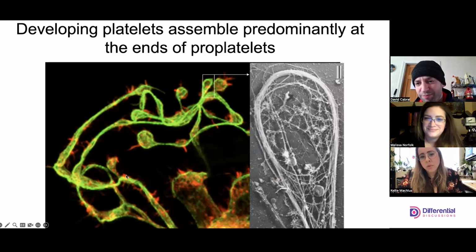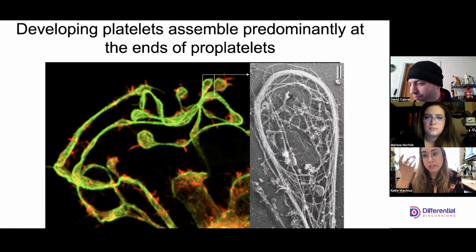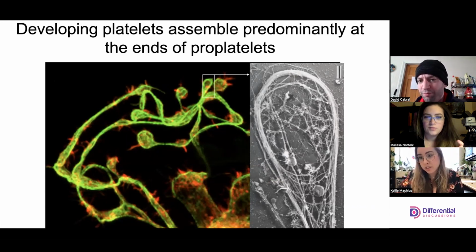Somewhere along the way there are three steps, and it's going to sever and end up with the granules. We don't know exactly the transition points, or the granule packaging, or any of that.